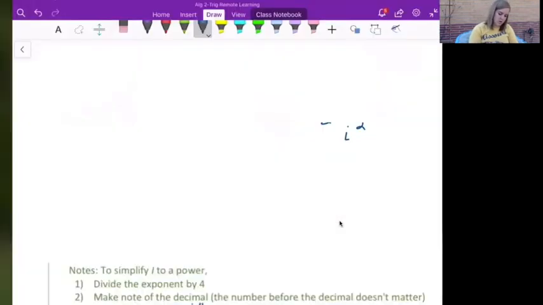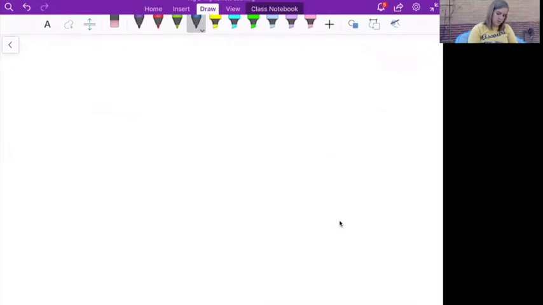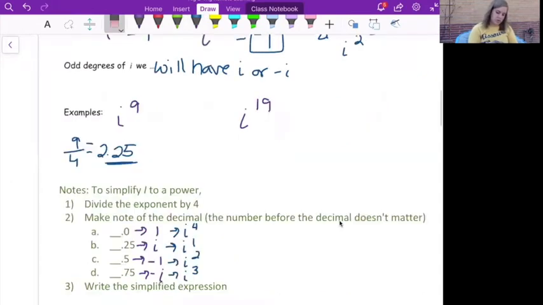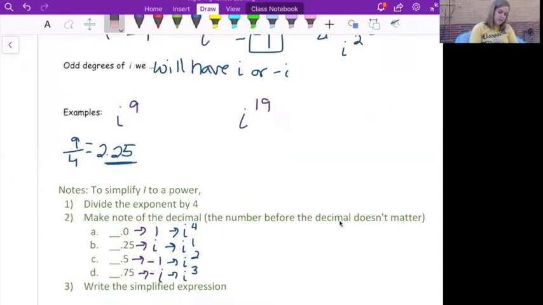So then again, the 2 in front does not matter, but this 0.25 means that it's going to be similar to i, and so this is going to be equal to i.